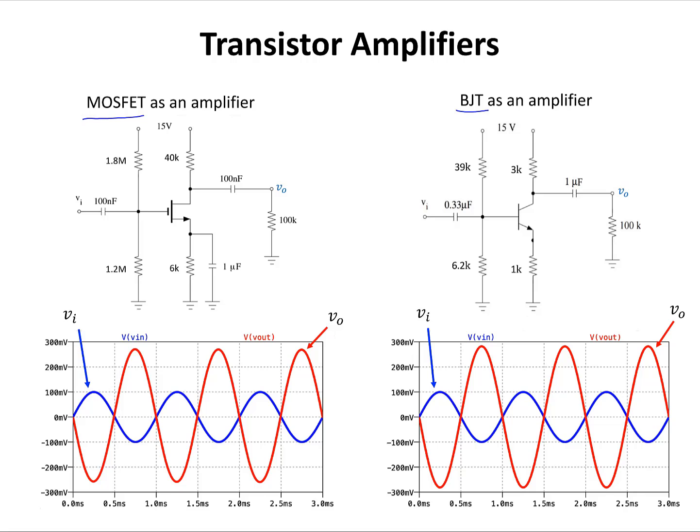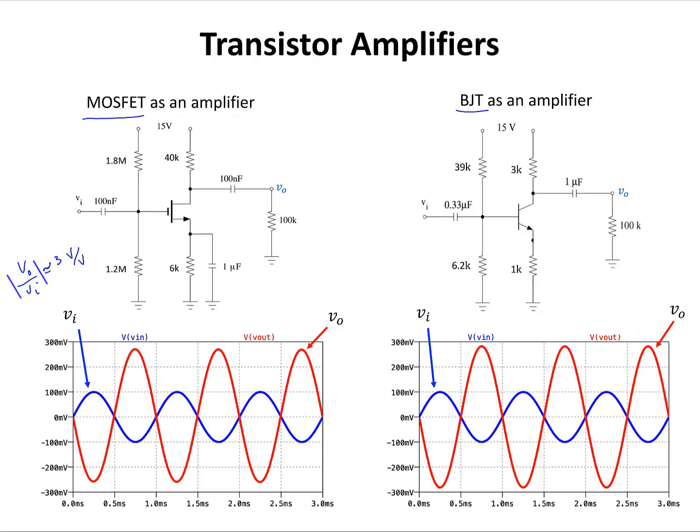So the amplitude of the output signal divided by the amplitude of the input signal is about 3 volts per volt. It's slightly less than 3 volts per volt, but about 3. These two are just one configuration of transistor amplifiers.